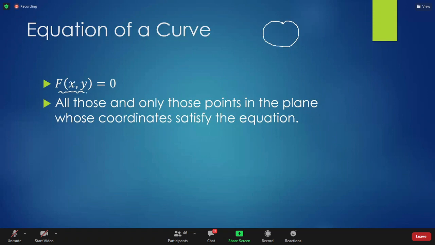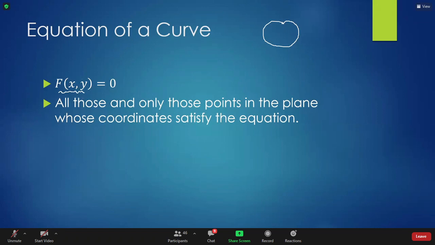And in this way, when we have an equation of a curve, it will be such an equation that only those points that are on the curve satisfy this equation, and only those coordinates X and Y that satisfy this equation can in fact correspond to the curve.